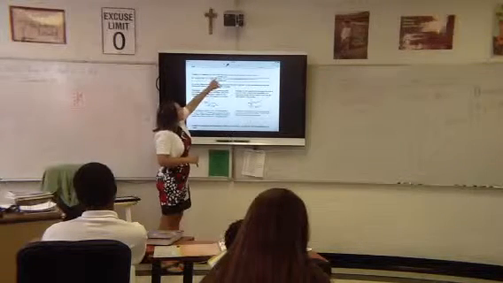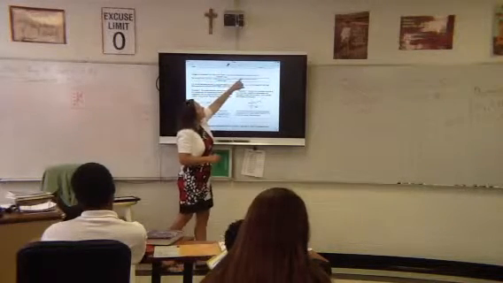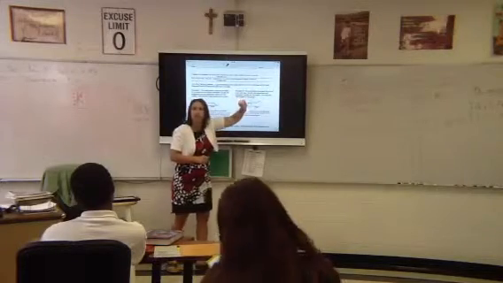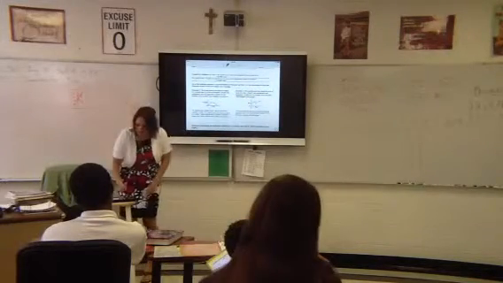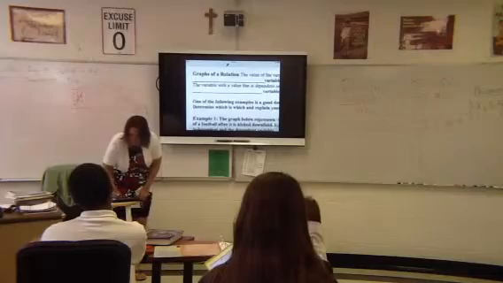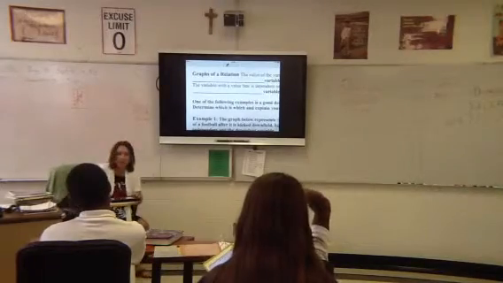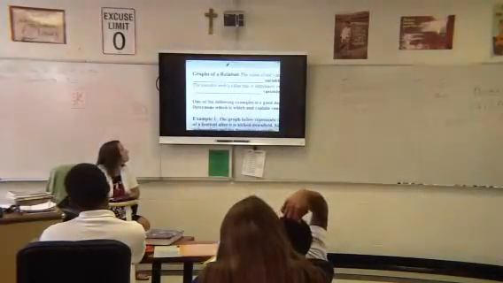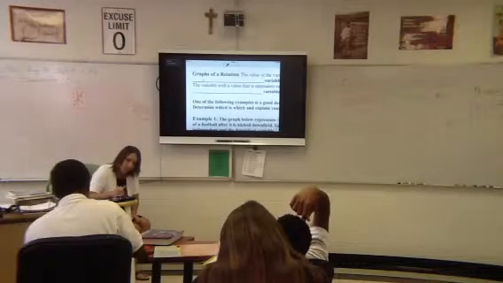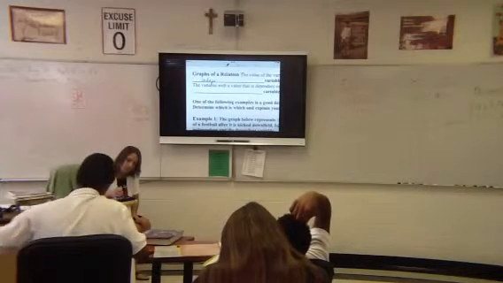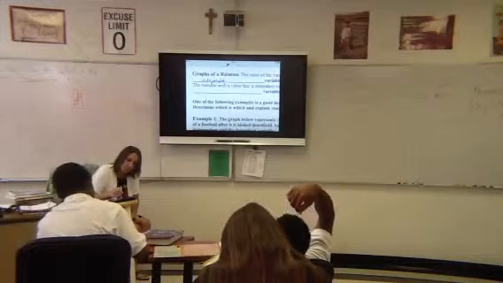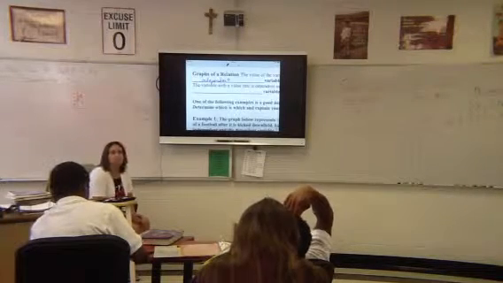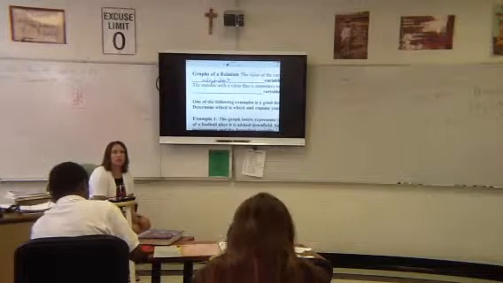So it says the value of a variable in a relation that is subject to choice. Subject to choice. Okay? This is called independent. All right, so write this down. It's called independent. Independent, subject to choice.